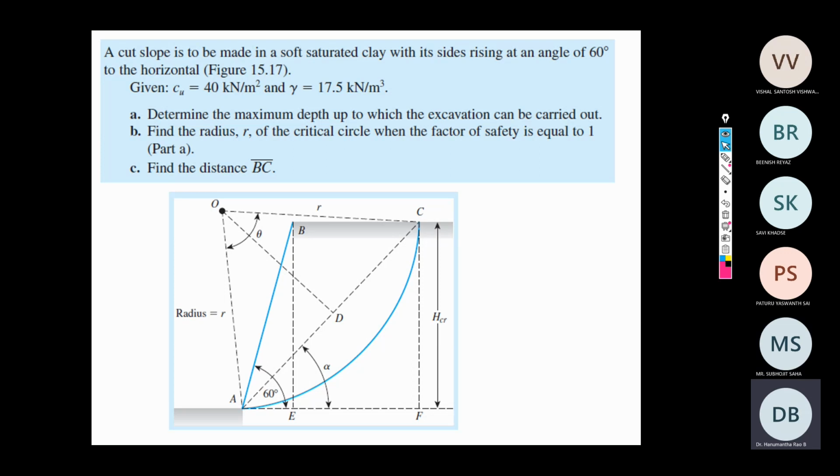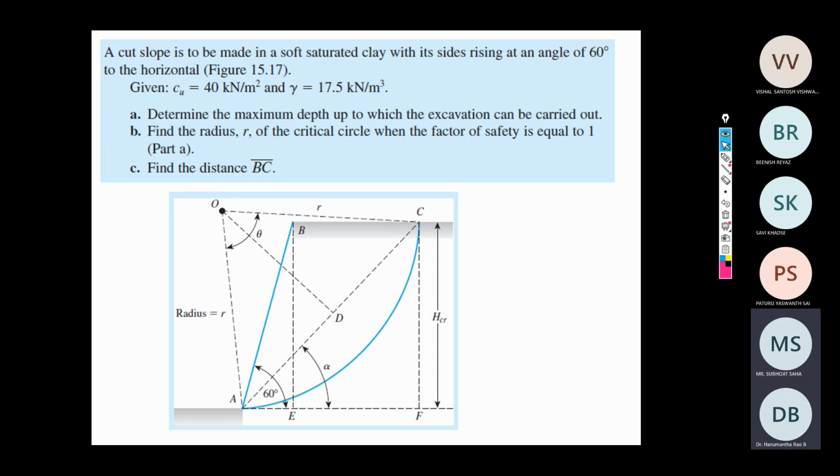Maybe, but that's why I'm saying I'm not relating it to the mathematics. Just try to understand the mechanism. Yes, the mechanism is clear. I'm just saying that in this particular sum we are also using c dash and phi dash in the dry condition, and that may not always be the case.